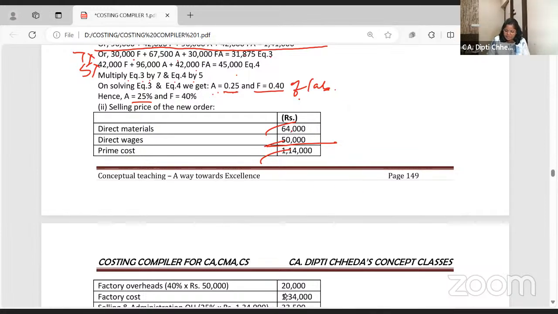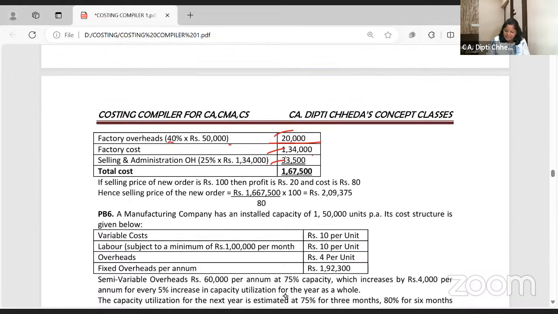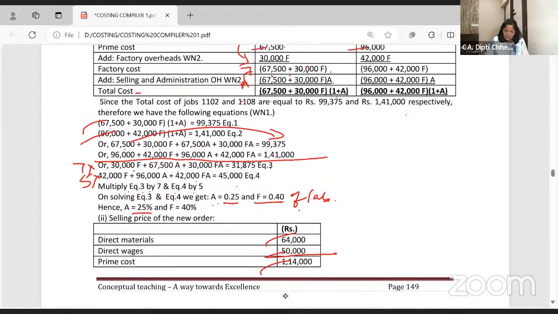So we took the factory overhead and got 1,34,000. We know that selling overhead is 25% of this. So 167,500. Okay, this is the total cost.